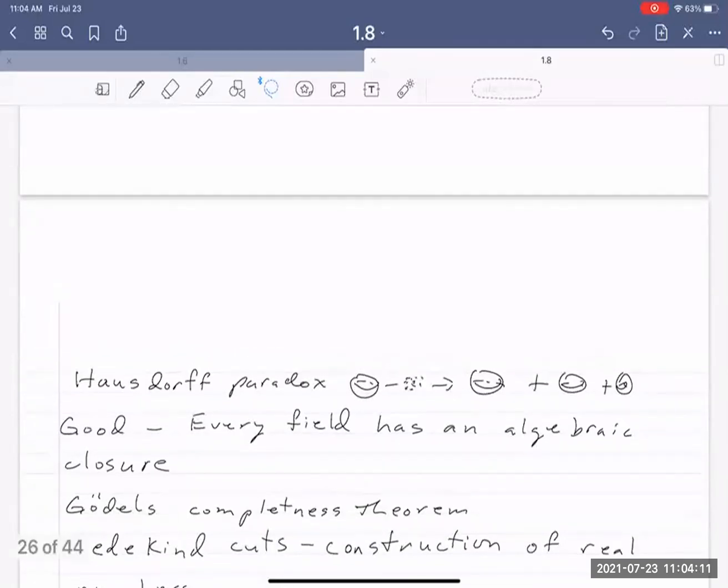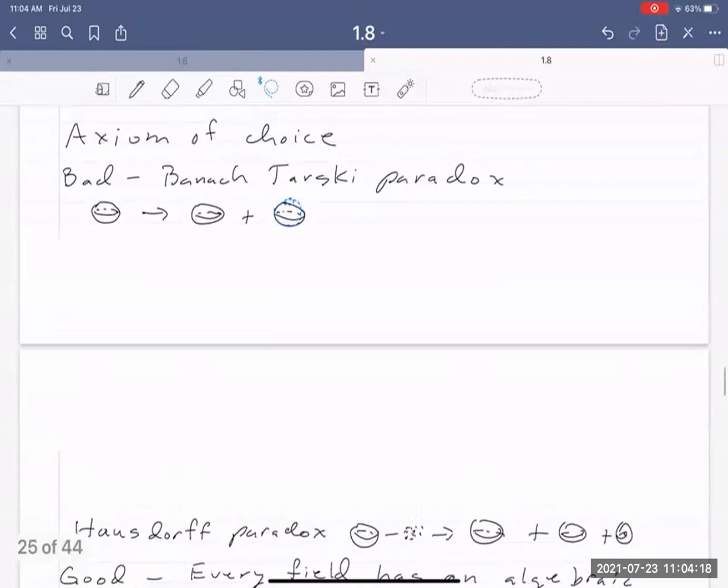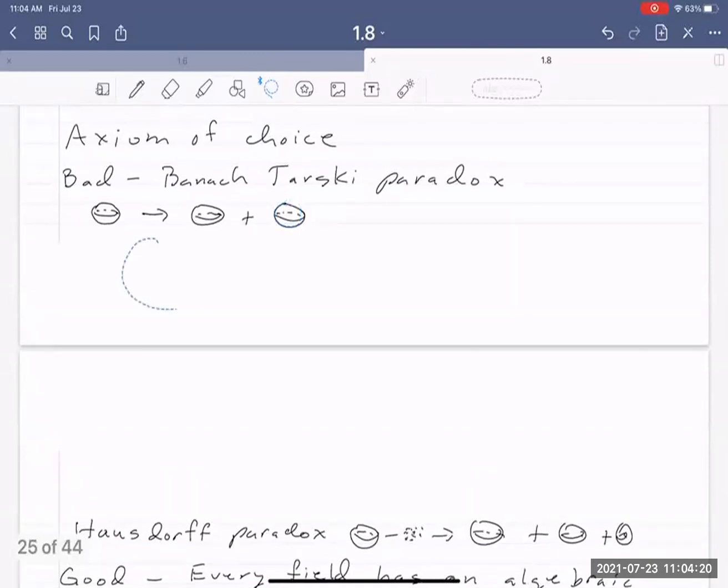So that's a paradox. In other words, another way of stating this is I start with an orange, I translate it. So I take an orange, I cut it into a finite number of pieces. I don't know how many.